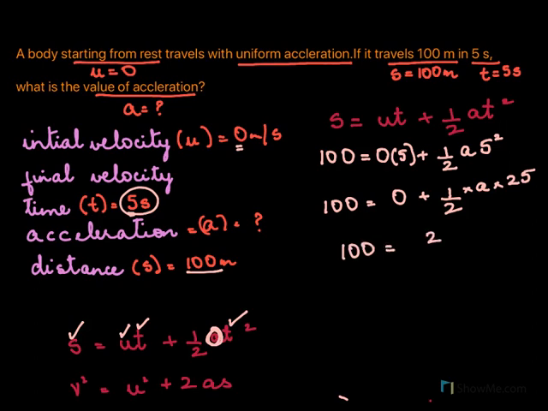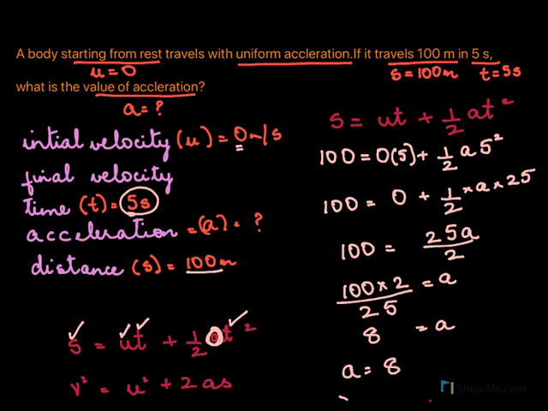So 100 equal to 25a over 2. 100 into 2 over 25, I'm cross multiplying, equal to a. When you cancel this out, you get 8. So acceleration is 8, and the unit for acceleration is meter per second square. So that's your answer.